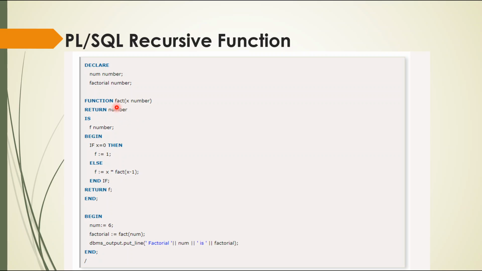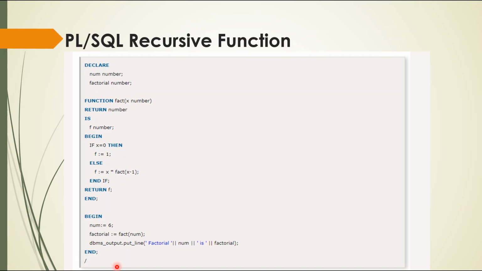Return number: the function is my fact, x is passed as number, and return number is the data type in which it will return the value. Here I declare one variable f, number. Begin: if x is equal to 0, then f is equal to 1, else f is equal to x into fact of x minus 1, and return f is my output, and end.